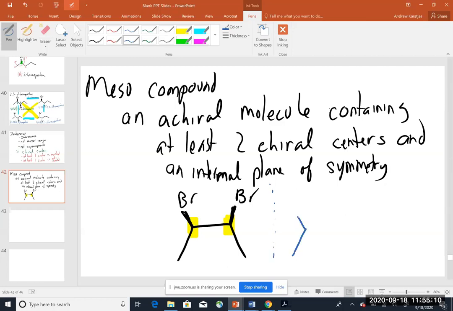So here's the mirror image. And what do you see about that molecule? Well, they're exactly the same. And the reason that that happens is the molecule is symmetric. We have an internal plane of symmetry right within that molecule.